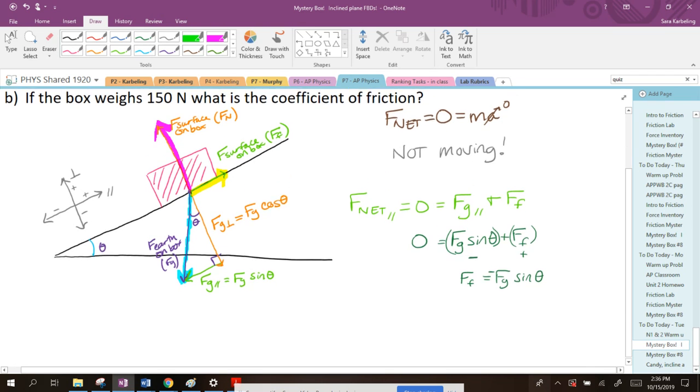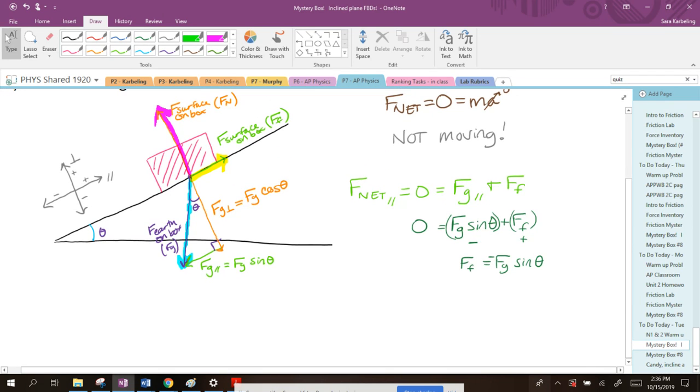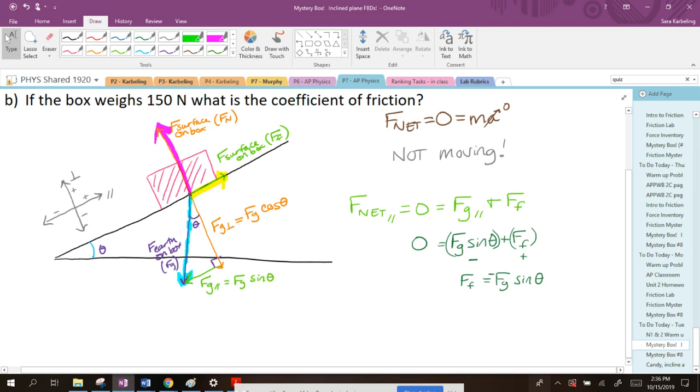And then, so you can find the force of gravity. You do 150 times. But that's where you have the math. Oh, wait, you can find them. Well, it's just FG sine theta.